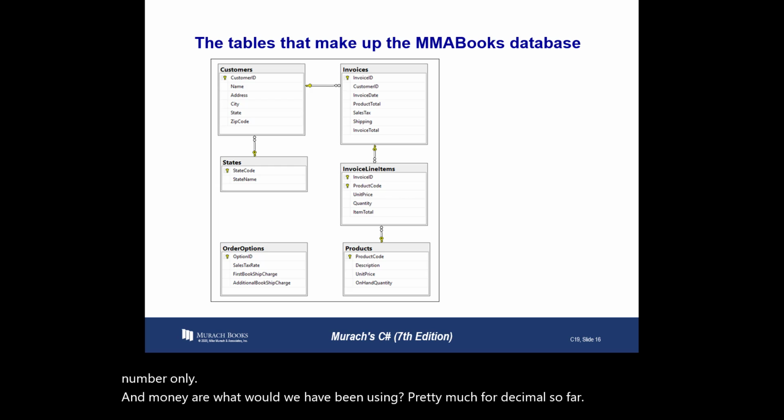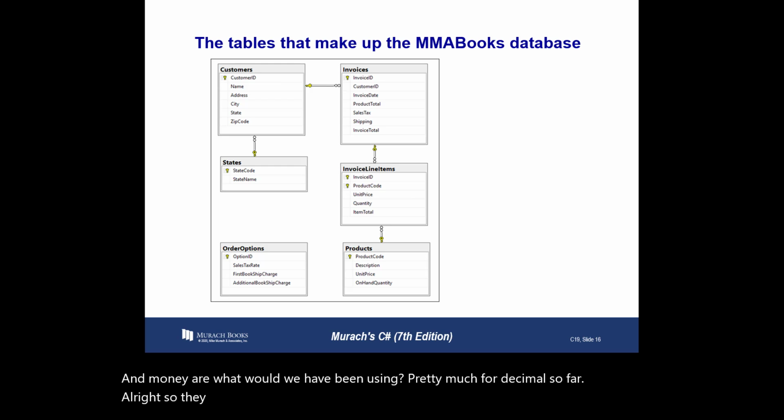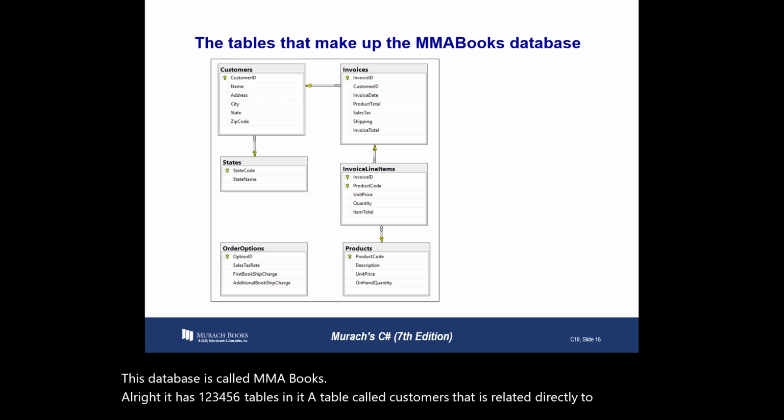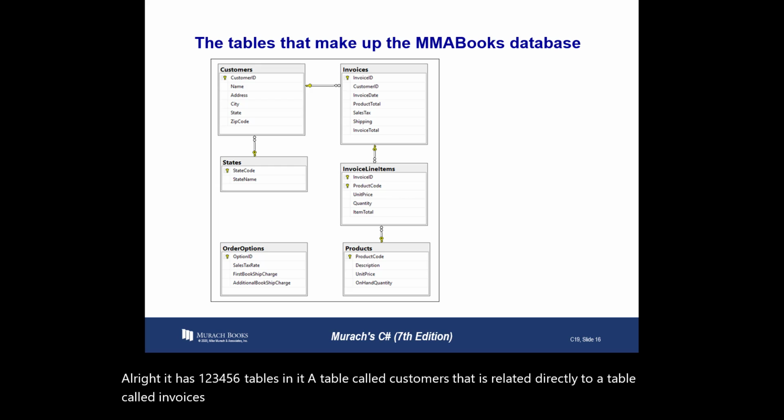All right, so they have this database in here. This database is called MMA Books. It has 6 tables in it. A table called customers that is related directly to a table called invoices that is related directly to a table called states.